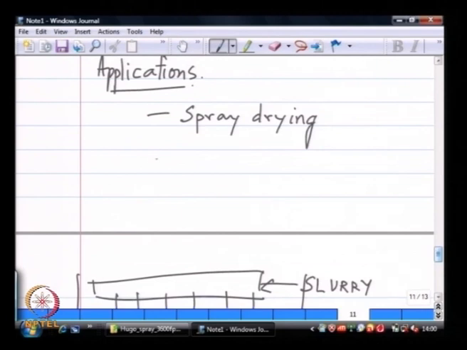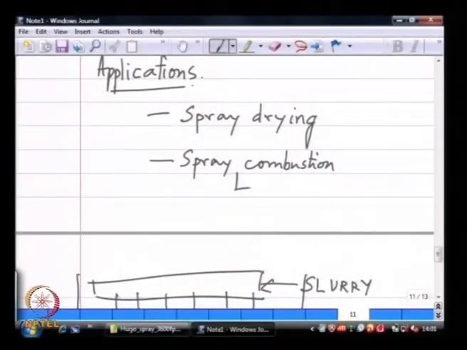Now, another application is of course in spray combustion. We will talk about this in some detail, because there is a lot to learn theoretically from looking at spray combustion as an application.